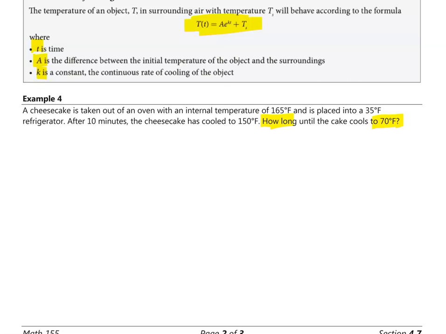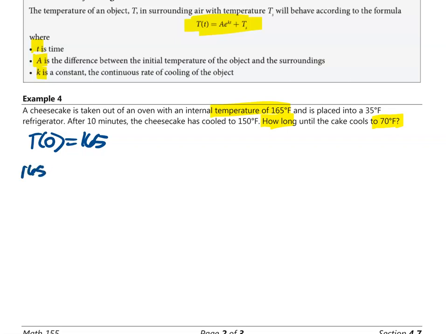So we have here the initial temperature at 165 degrees Fahrenheit. So we can say that T0 is equal to 165. So we can use that in our formula.